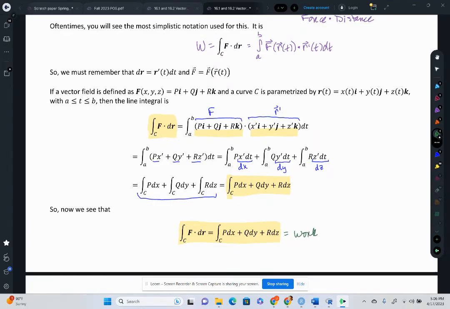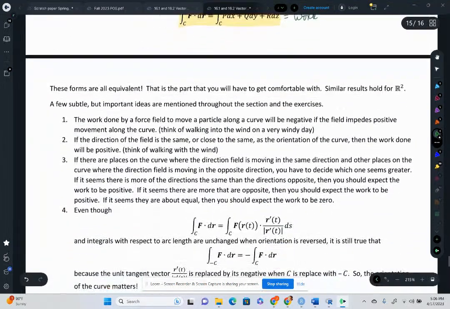We like to also be able to think of there being some application for a line integral of F dot dr, and it could be work. All right, so all these forms are equivalent, and that's the part that you have to get comfortable with.